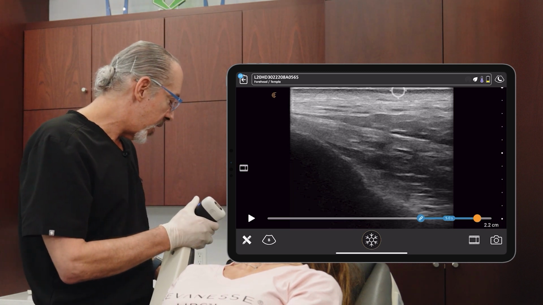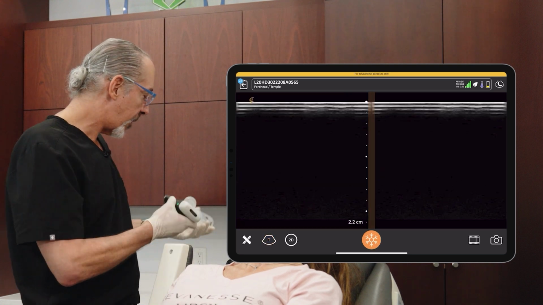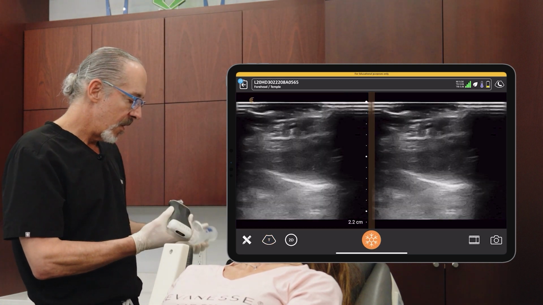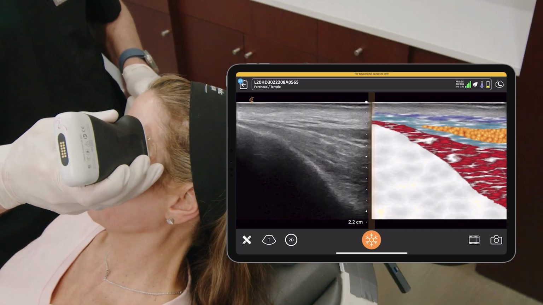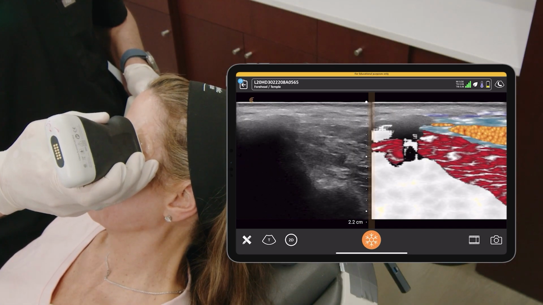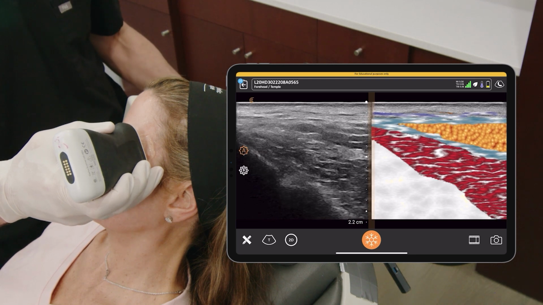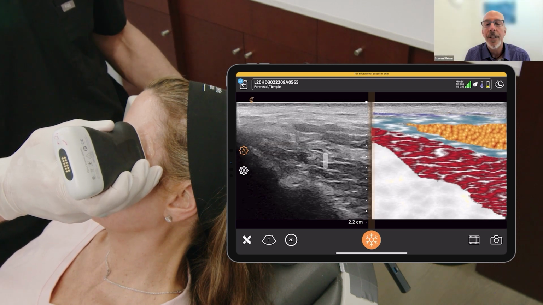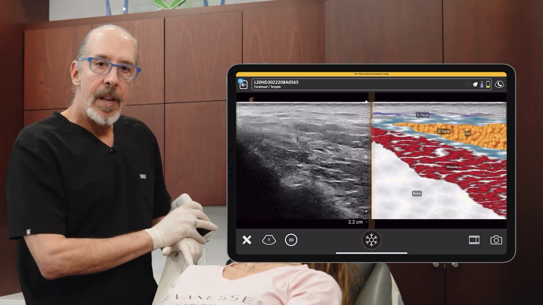So let's see the T mode in this area. And let's see how accurate I was. So here we go. The T mode is going to be your AI mode. So let's look at the T mode images.